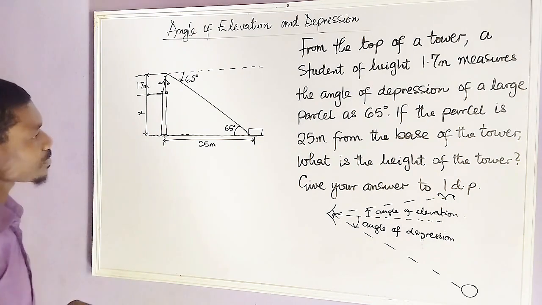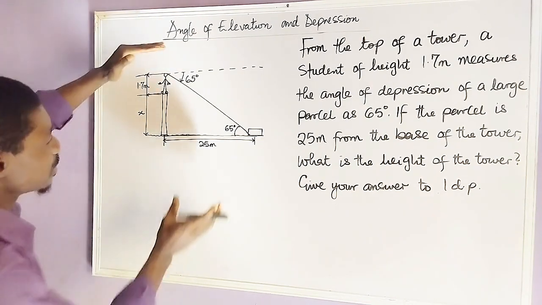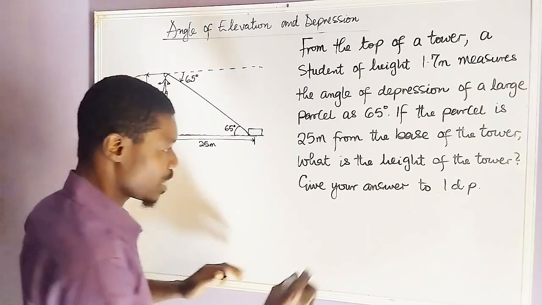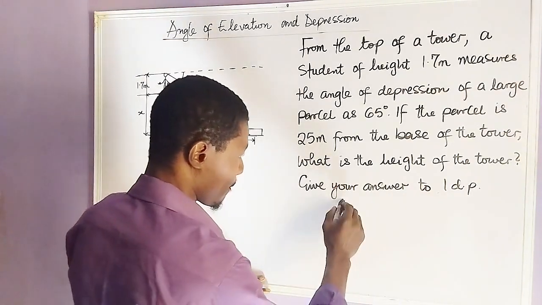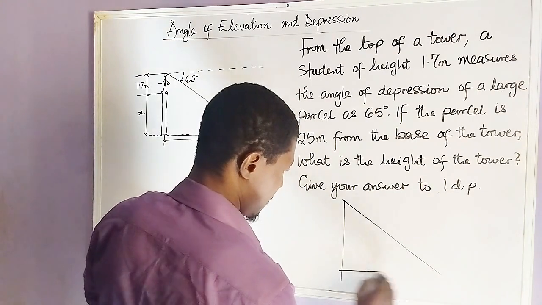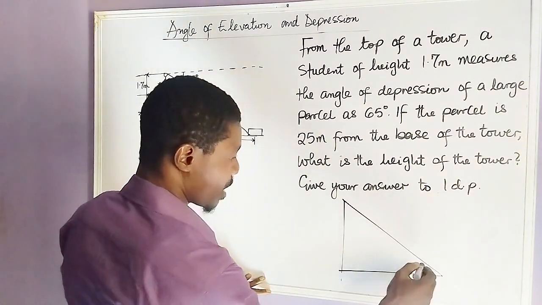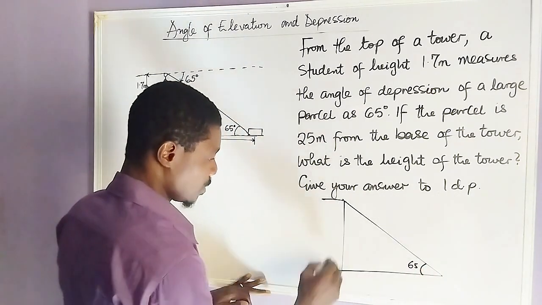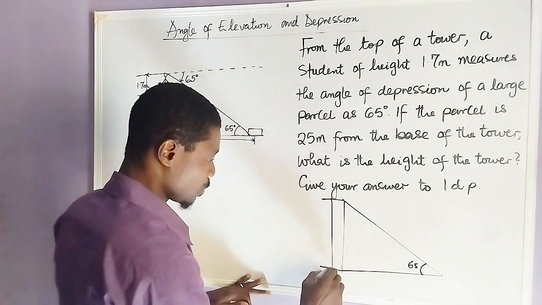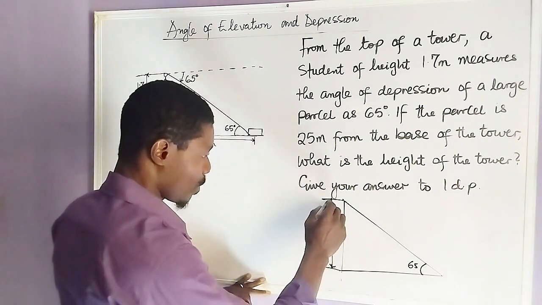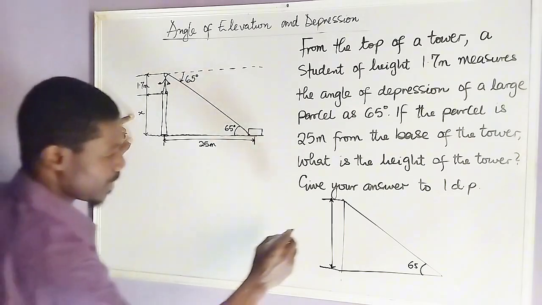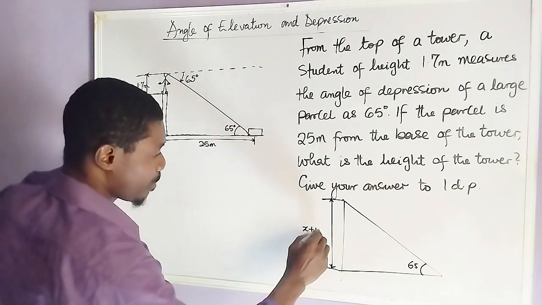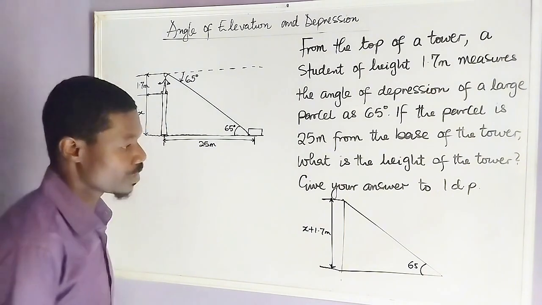Now just bring out the triangle here. You get to see it's like this. Here is 65. The whole distance from top to bottom will be x plus 1.7 meters, right?